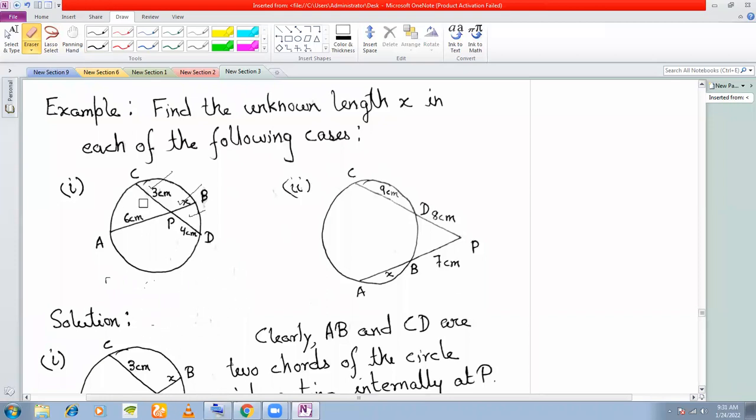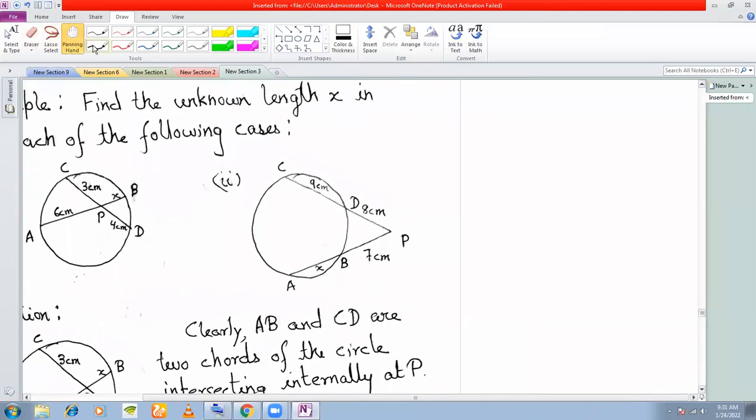The next question here is a case where the chords intersect each other externally. In that case, what happens? If you see here, CD is one chord and AB is another chord, and they intersect each other externally at the point P. In this case, from the theorem, what can we write? Product of the length of the segments must be equal.